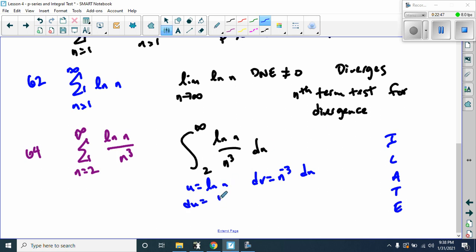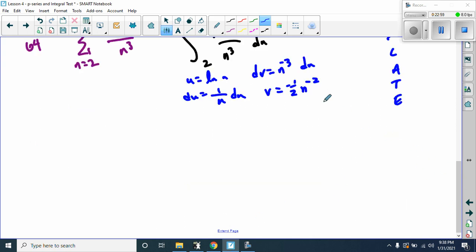Derivative of natural log is 1 over n. Integral of n to the negative third is negative 1/2 n to the negative second. The rule is u times v. So if I multiply these two, this is the same thing as negative 1 over 2n squared.